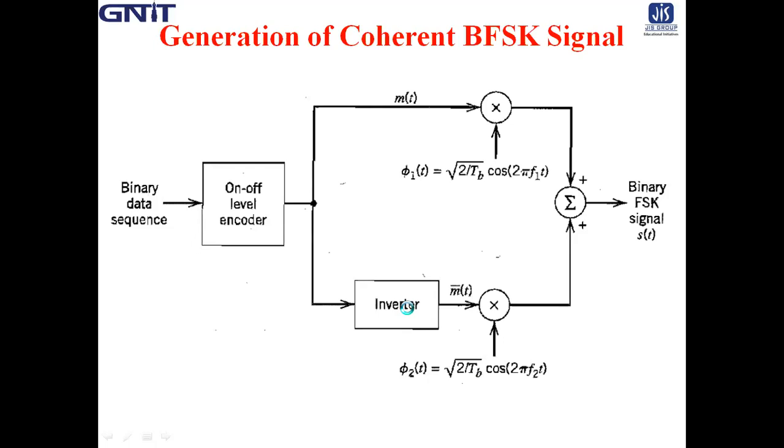The two frequencies F1 and F2 are chosen to equal different integer multiples of the bit rate 1 by TB.